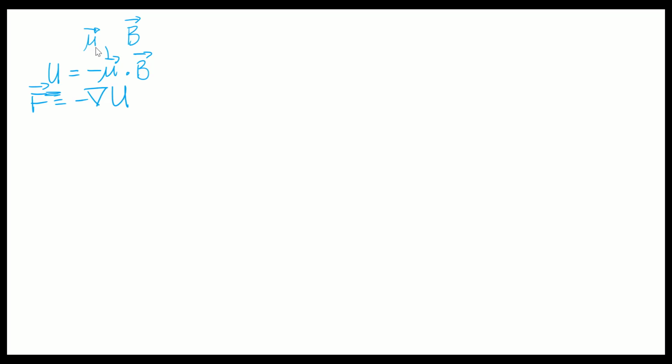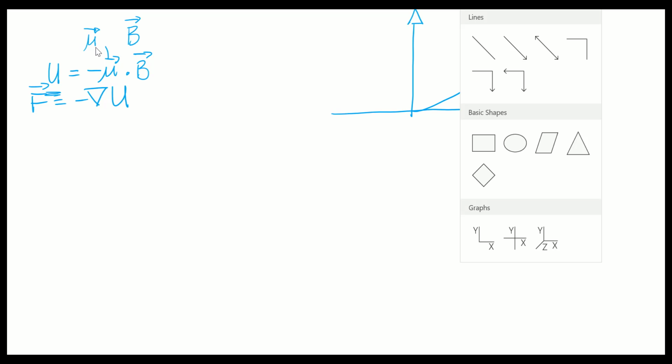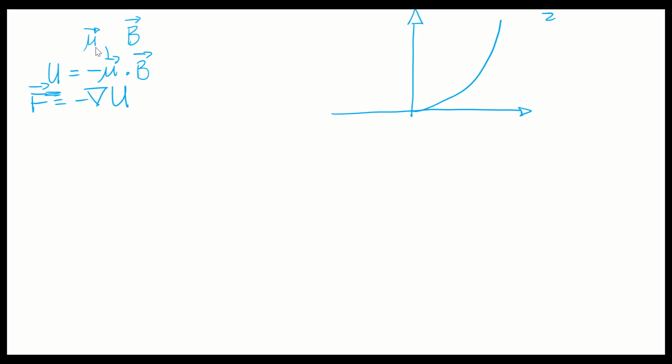If you're not familiar with this equation, you can think back to your classical intro physics, where the potential energy of a simple harmonic oscillator is 1/2 kx squared, plotted as a function of position.